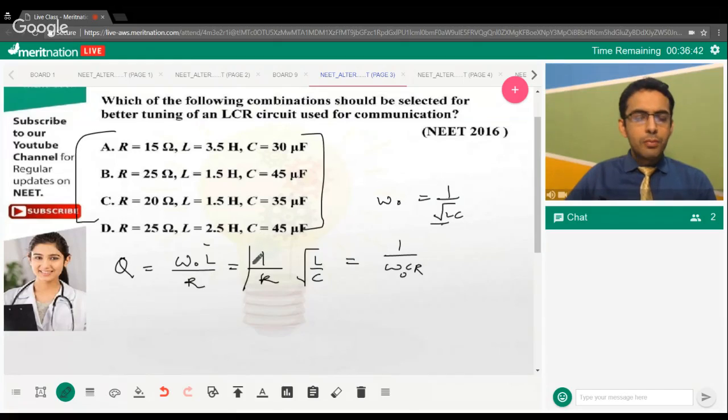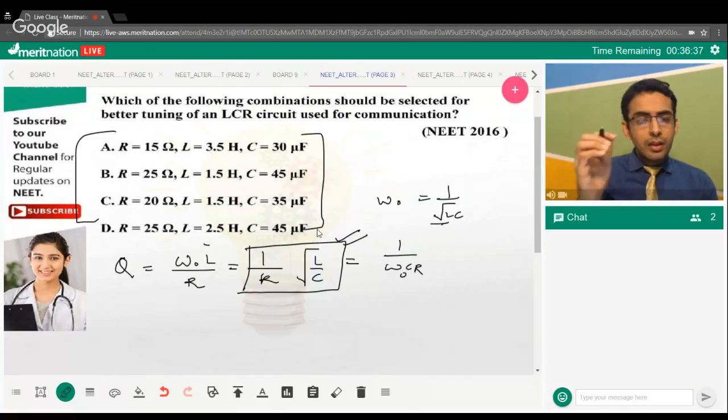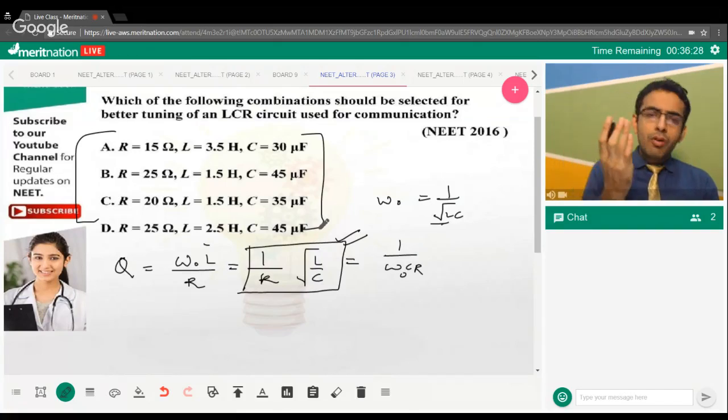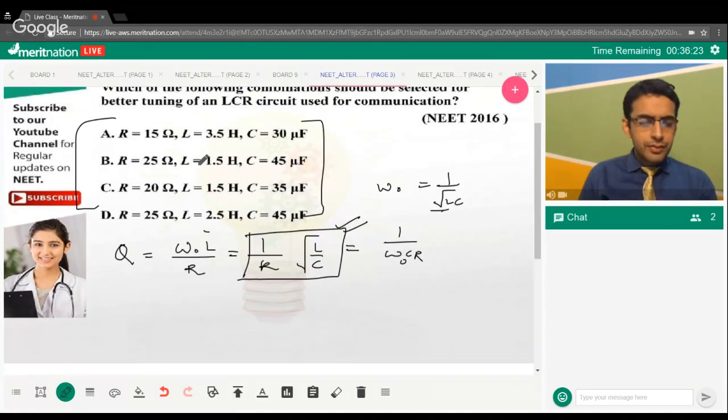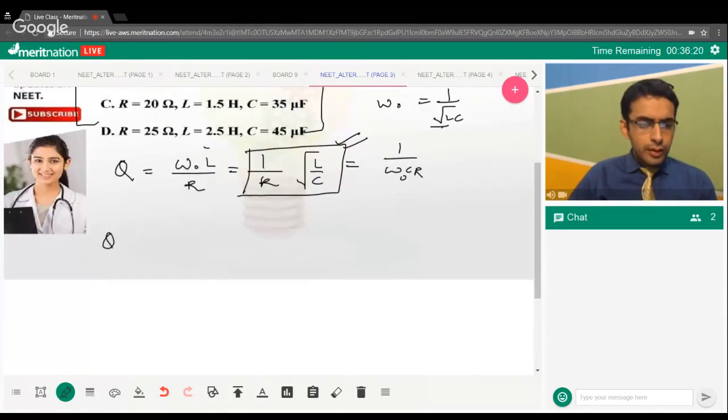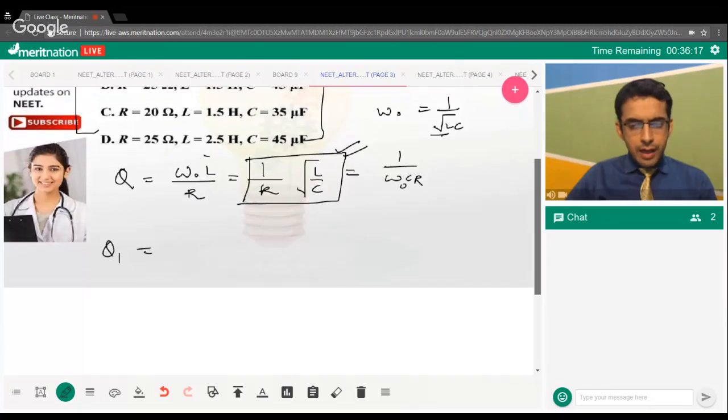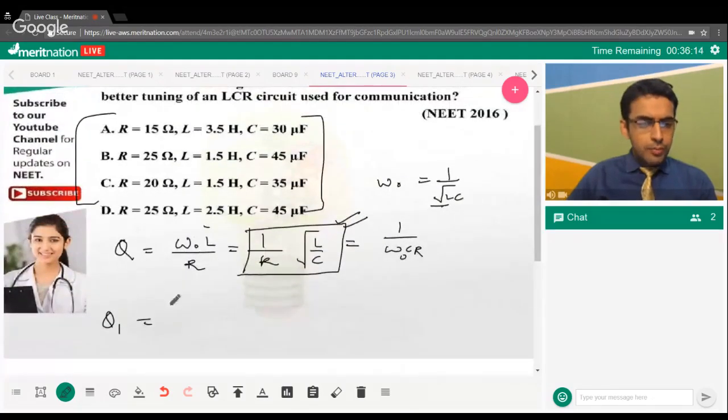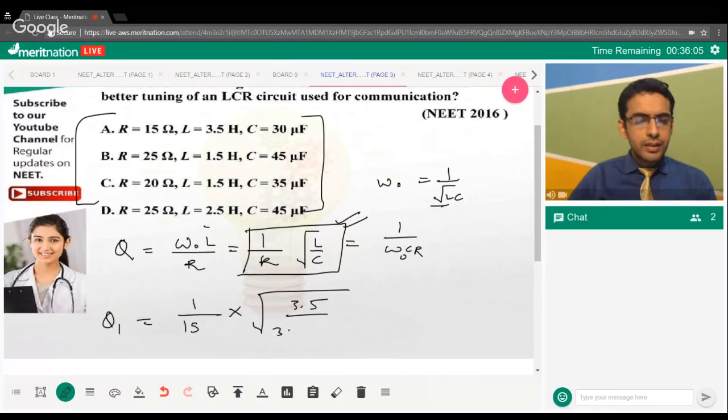By that, we get this formula for quality factor, 1 by R into root L by C. We will put in these values of resistance, inductance and capacitance, get the value of quality factor, and the maximum value will be taken as the final answer. So if you calculate Q1 from the first part, 1 by 15 into under root of L, that means 3.5 divided by 30 into 10 to the power of minus 6.